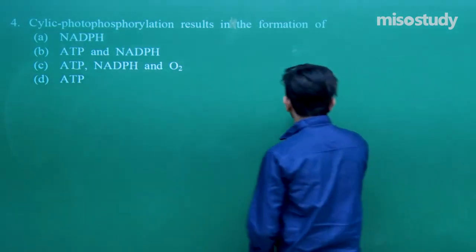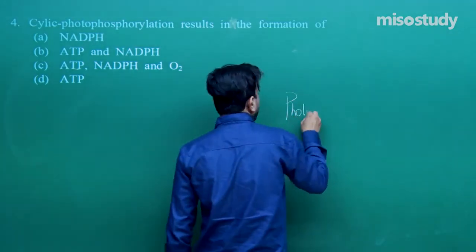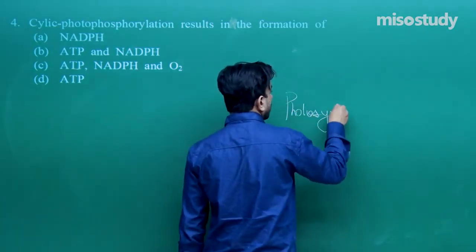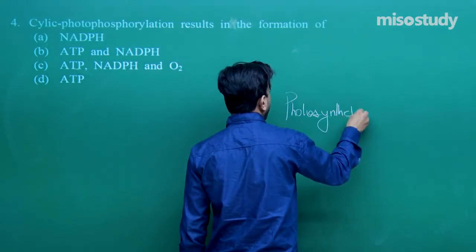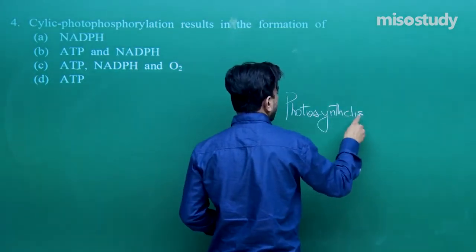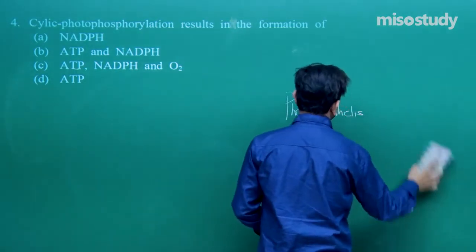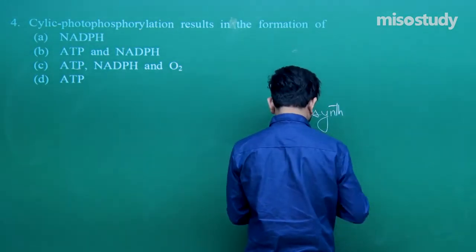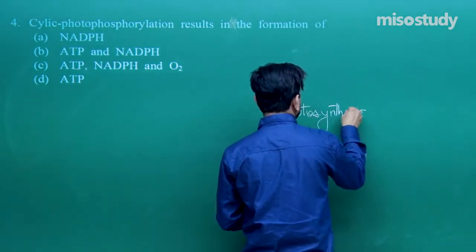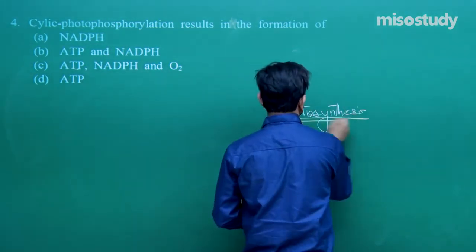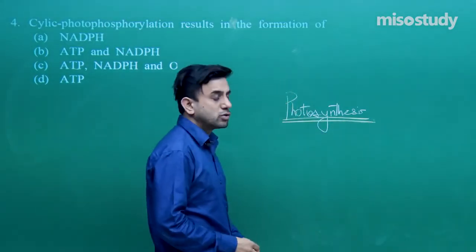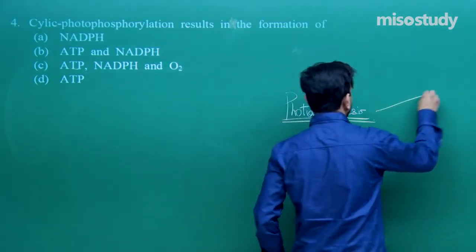Now, we all know that photosynthesis, coming from a little background, is divided into the light reaction and the dark reaction.